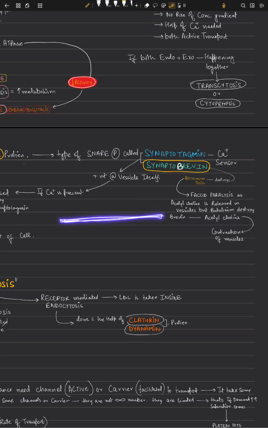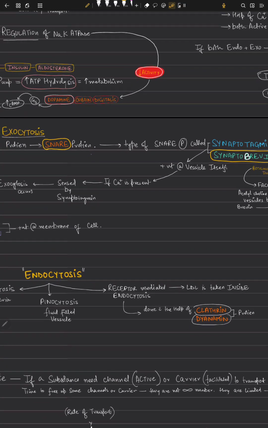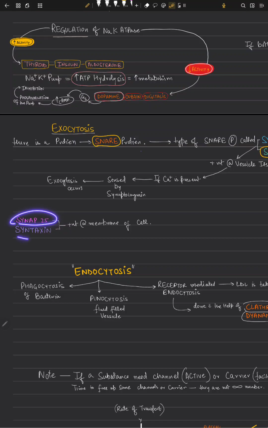Cool, I can be wrong, I'm just a student. So this is a vesicle, and at this vesicle there's one protein here, there's another protein here, then there is one protein here, and then there is one protein here. So these proteins that are present on the vesicle are called synaptotagmin and synaptobrevin, and these proteins that are present on the membrane, we call them SNAP25 and syntaxin. These are present on the membrane.